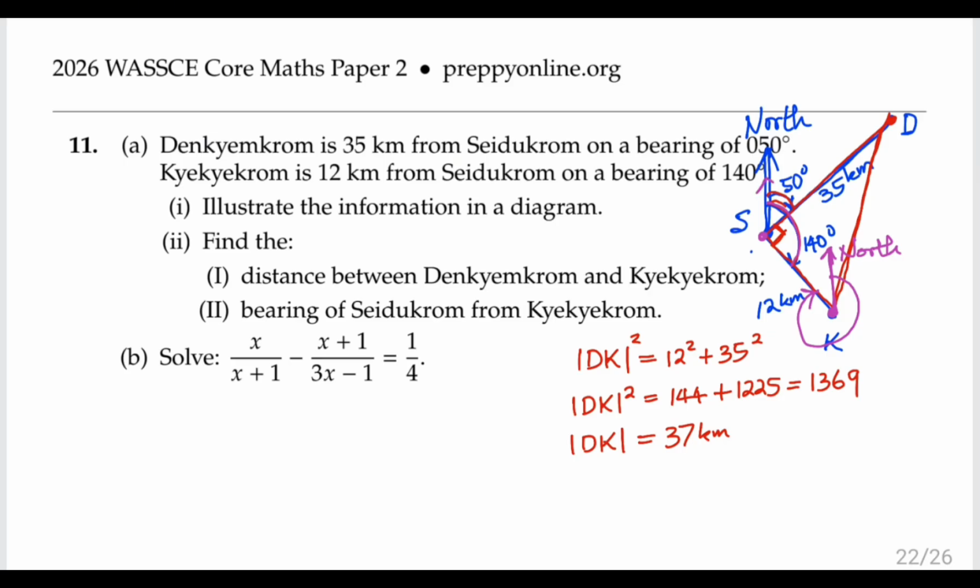If we notice that these two lines pointing due north are parallel, then this angle and the 140-degree angle are corresponding angles. Therefore, they add up to 180 degrees.